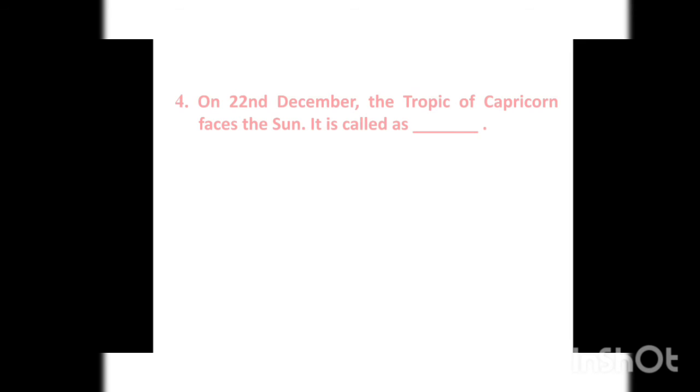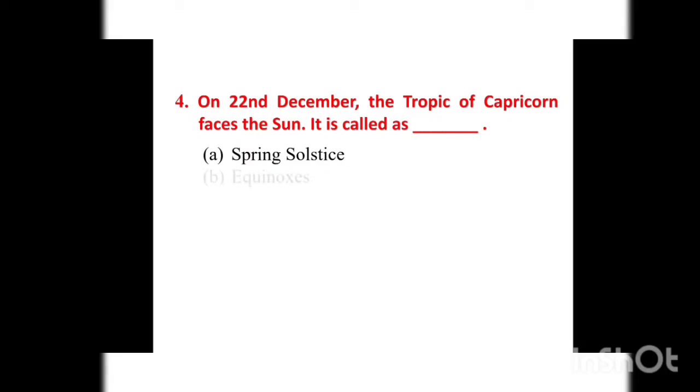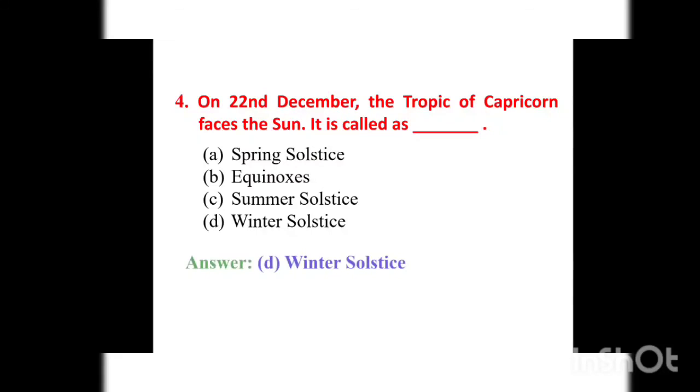Next question is, on 22nd December, the Tropic of Capricorn faces the Sun. It is called as, your options are spring solstice, equinoxes, summer solstice, winter solstice. Absolutely correct answer. The answer is D. Winter solstice.